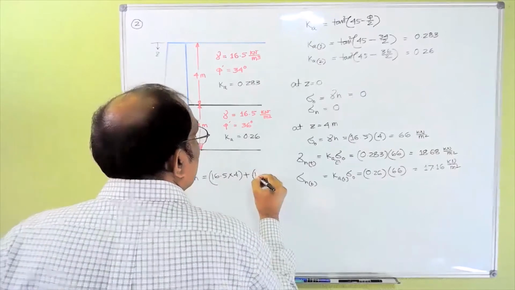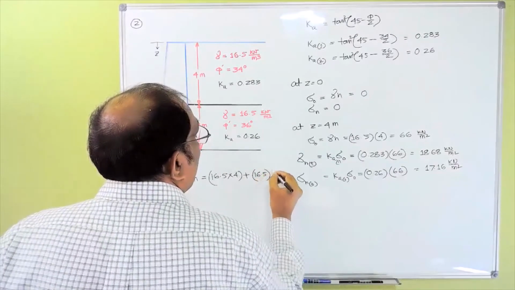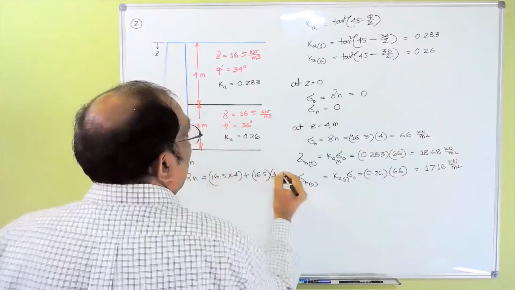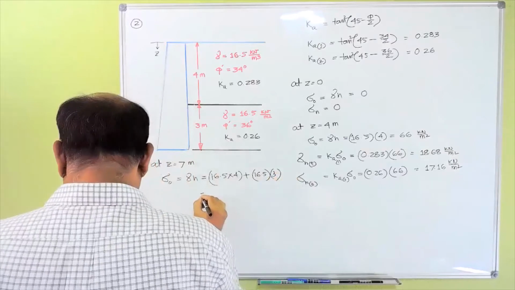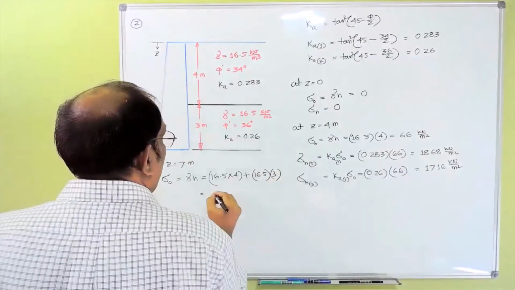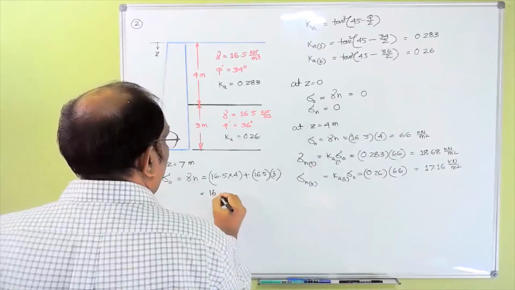So this is 16.5 into 3, sorry. So we can just say 16.5 into 7.